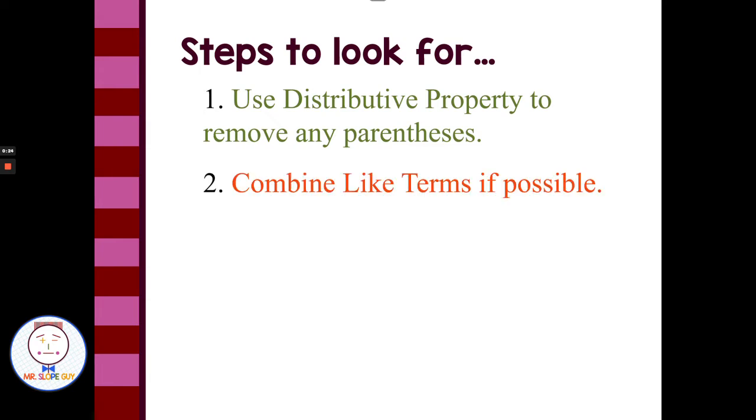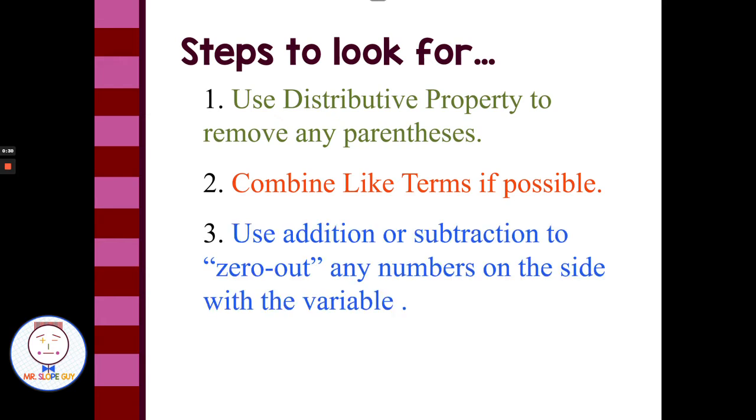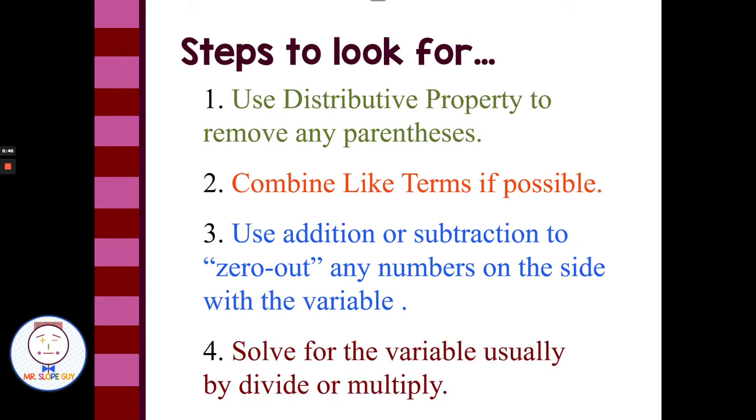We should look for combining like terms on each side of the equal sign. And if we have those things taken care of, we can start looking for using addition or subtraction to zero out any numbers on the same side with the variable. And usually with multiple step equations, the last step we tend to have is solving for the variable, usually by divide or multiply. So let's look at some examples.